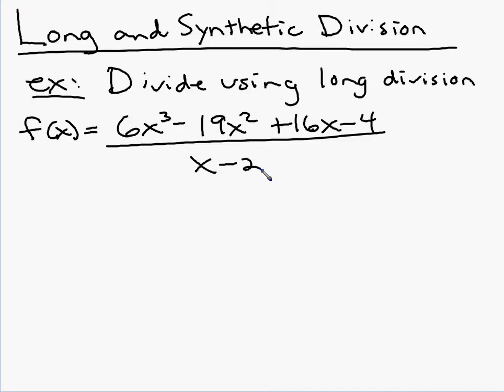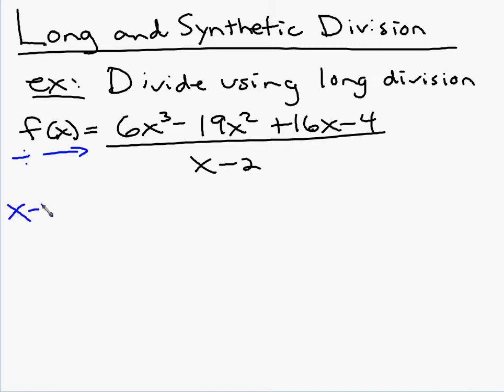And later on, when you take calculus with me, or if you take it in college, you're going to find out that finding the derivative of that function is really nasty that way. And we can kind of clean it up a little bit by doing long division. So let's do it. Remember, this fraction bar means divide. So we're going to do long division.